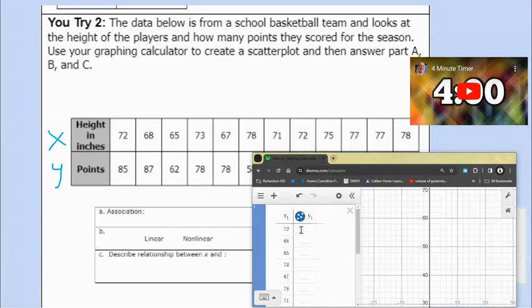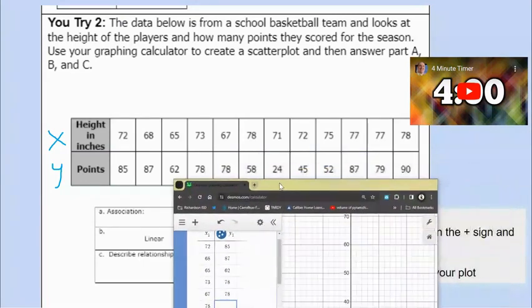I'm going to scroll back at the top. And now this is going to be on my right side. So I'm going to do 85, 87, 62, 78, 78, 58, 24, 45, 52, 87, 79, 90.